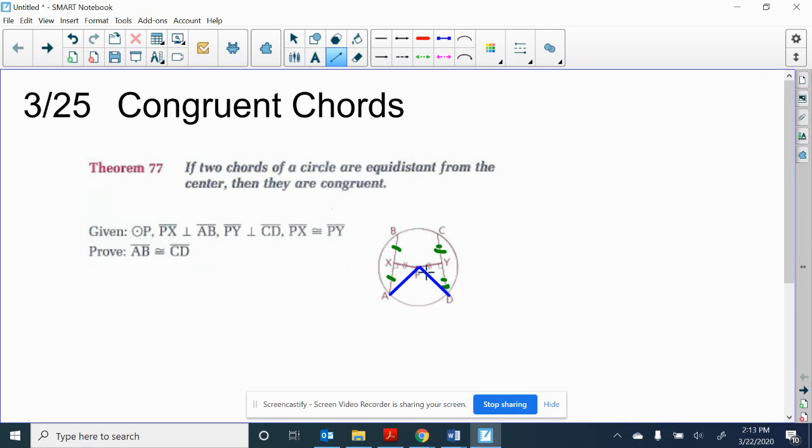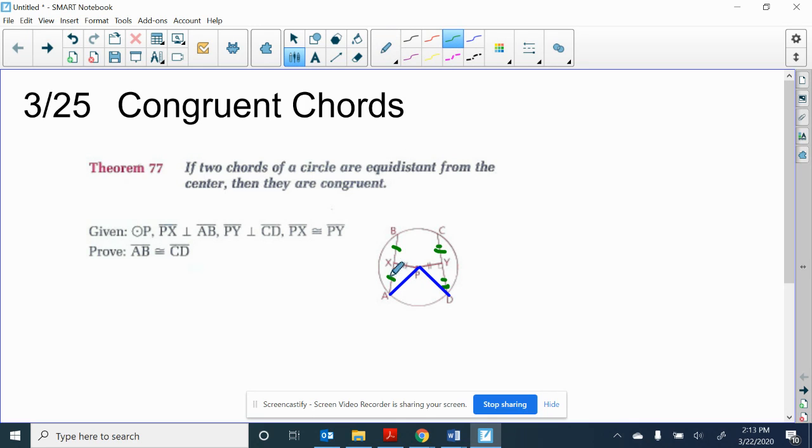We were given PX and PY are congruent, and since we have right angles there, we can use the hypotenuse leg theorem to say that triangle PAX and PDY are congruent to each other. So by CPCTC, AX and DY must also be congruent.